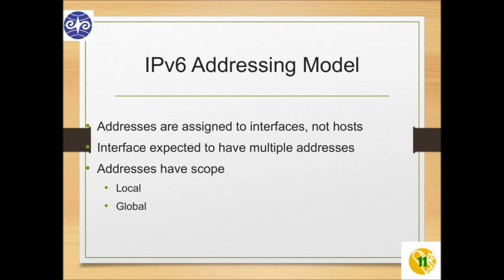Every device contains interfaces like Ethernet 0 interface or Ethernet 1 interface. So interfaces are used to assign IP addresses. Interfaces are expected to have multiple addresses. Every interface will receive packets and will forward packets.